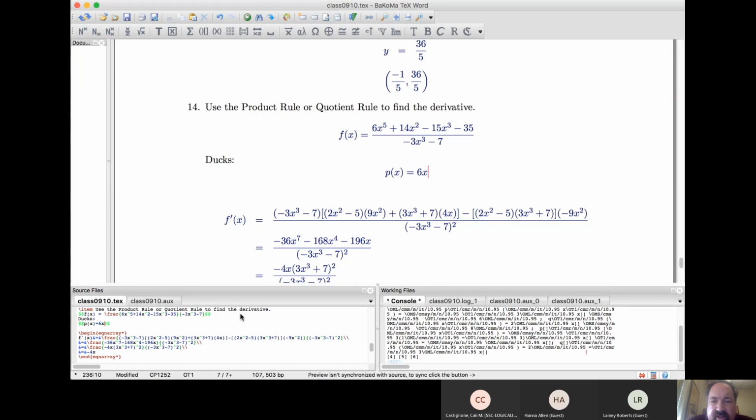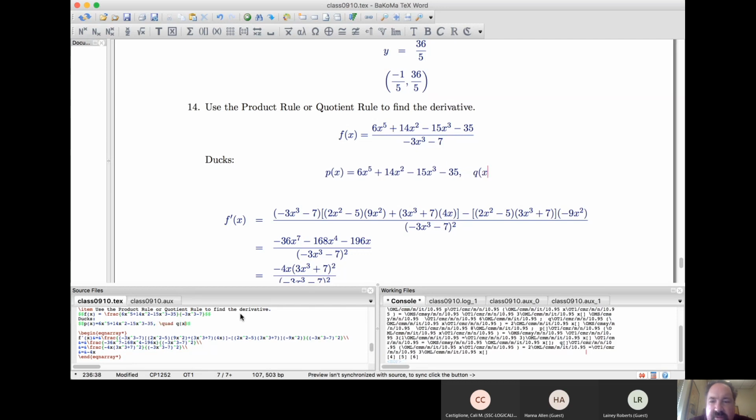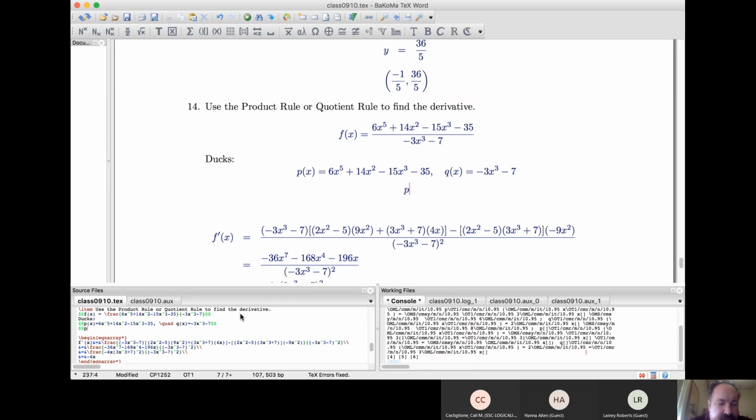So numerator P, 6x to the fifth plus 14x squared minus 15x cubed minus 35. Q, the denominator, minus 3x cubed minus 7. And then, because these are long, I'm going to have to write the derivatives below them.